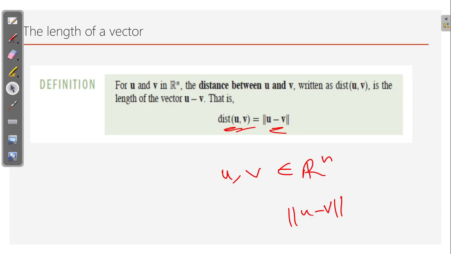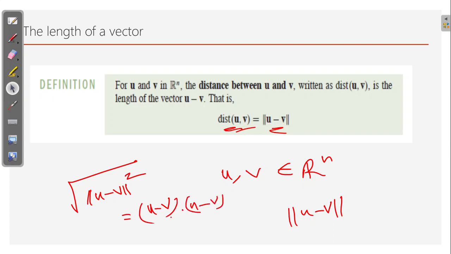Norm of u minus v means we compute u minus v, take the norm squared, and take its square root. Norm u minus v whole square means the inner product of u minus v with u minus v, that means (u minus v) transpose into (u minus v).